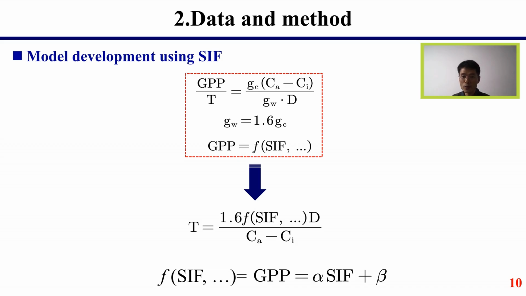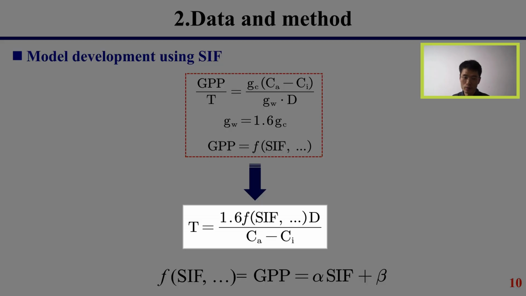Using these equations, we can solve for the transpiration variable. Transpiration is a function of SIF, D, which is the VPD over air pressure, and Ca minus Ci.